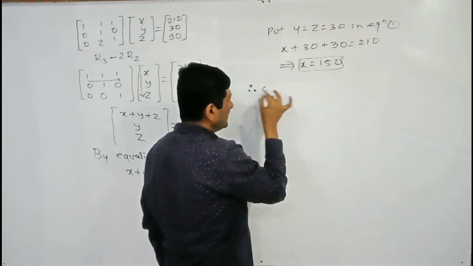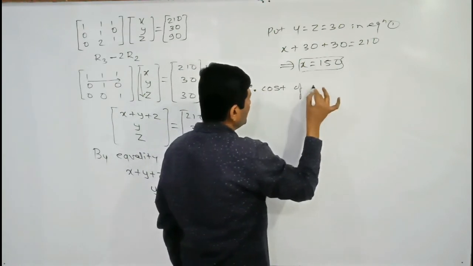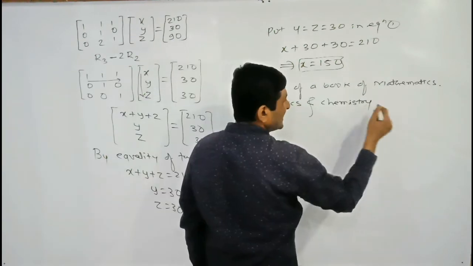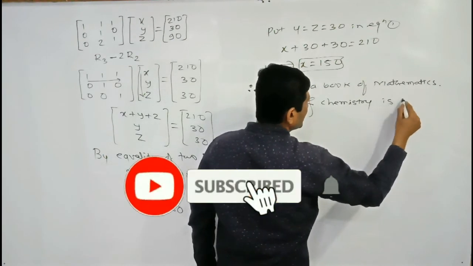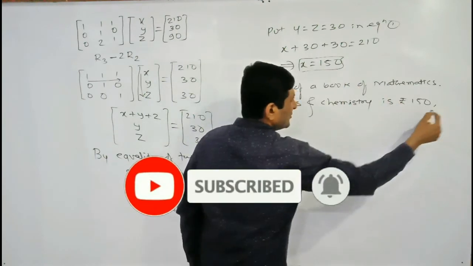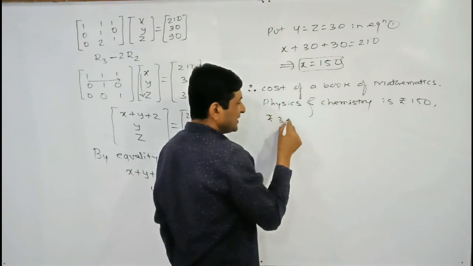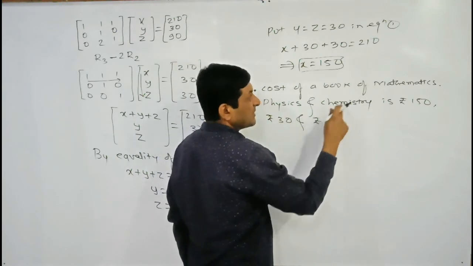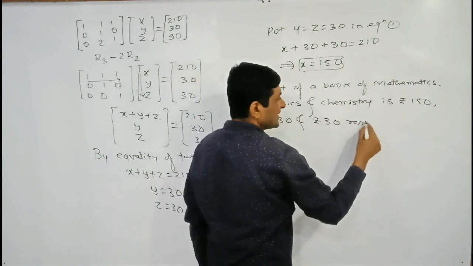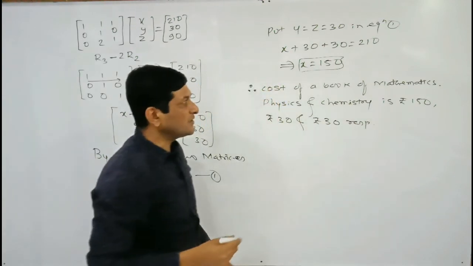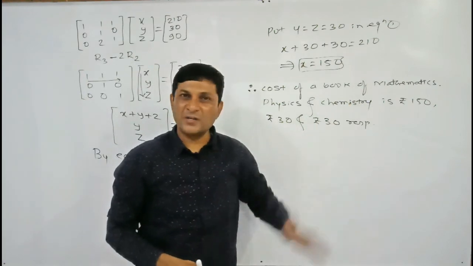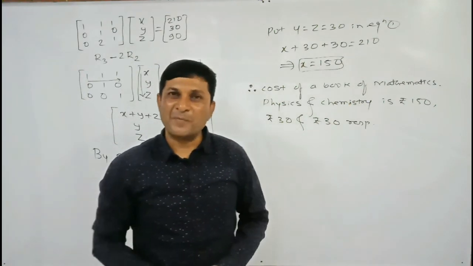So therefore the cost of a book of mathematics, physics and chemistry is rupees 150, rupees 30 and the cost of the chemistry book is also z, means rupees 30 respectively. In this way we have got the cost of books of mathematics, physics and chemistry. In this way we have completed this chapter.